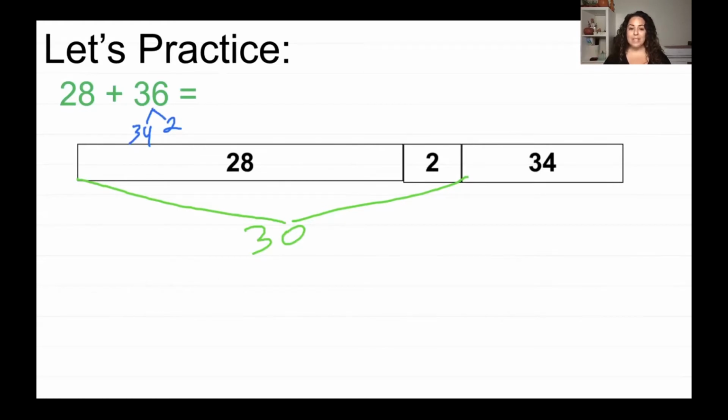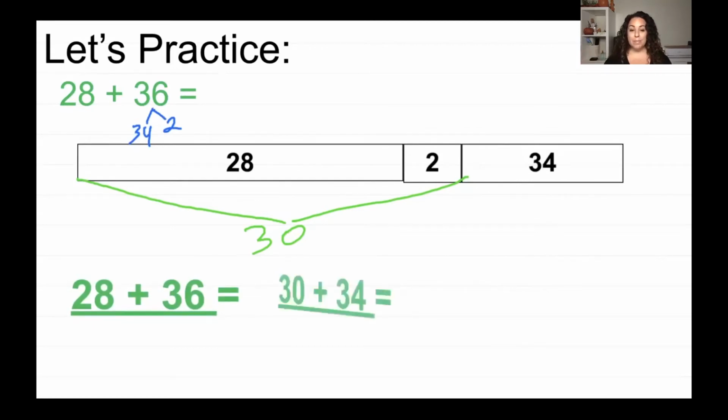So I'm going to go ahead and put this number sentence here. We started off with 28 plus 36. But we changed it to be 30 plus 34 by just adding 2. We took 2 away from the 36 and gave them to the 28 and made a friendly number. And look how friendly it made this math problem.